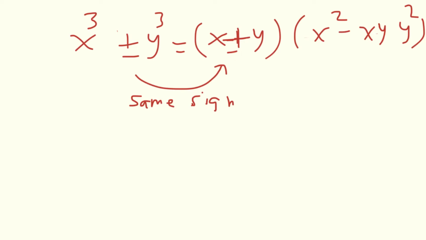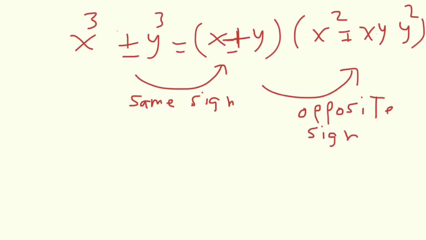But if this is minus, I'm going to write plus here. It's the opposite sign. That's the only difference here. I also don't have a 2 as in the complete square rule, because the complete square rule has a 2 here. This is not the complete square rule, this is just x y.